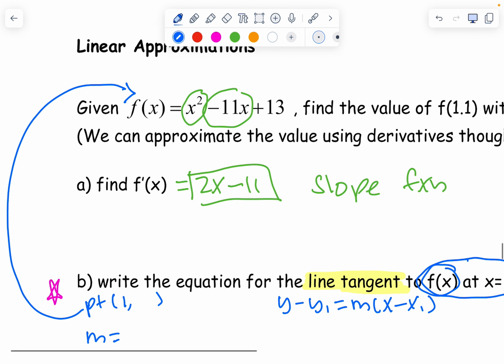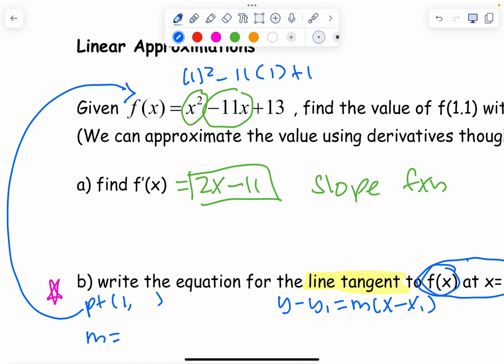We have 1 all squared minus 11 times 1 plus 13. You can type it on Desmos if you want. It should give you a clean number of 1 digit, right? Positive what? 3.